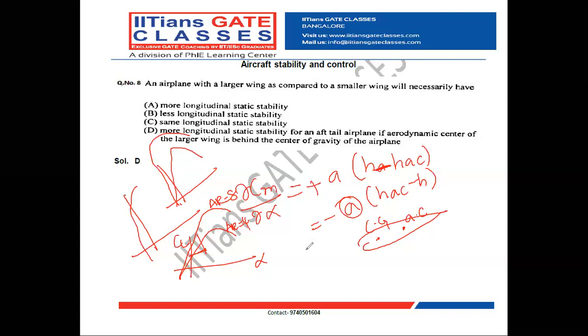Only when this condition is satisfied will it have longitudinal stability. But when we use a larger wing, the lift curve slope will be larger, and that means it will have more longitudinal stability if this condition is satisfied. Thereby, option D is the correct answer.